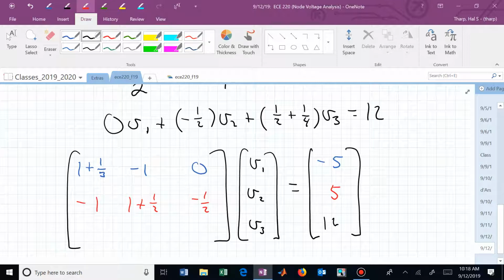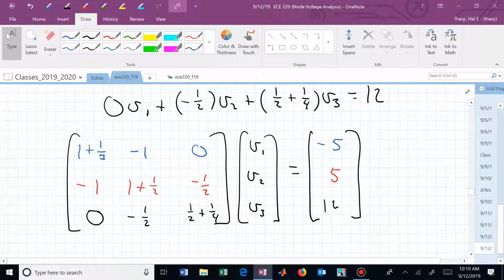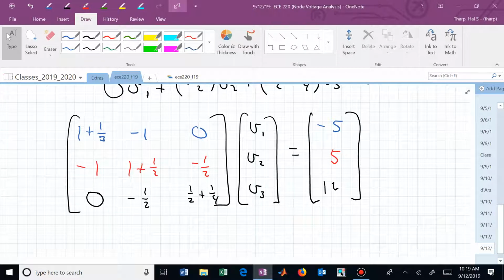The final third row, I had no V1s. I had a minus 1/2 scaling V sub 2, and I had a 1/2 plus 1/4 scaling V sub 3. And now I can just invert that matrix, and I have my V1, V2, and V3.